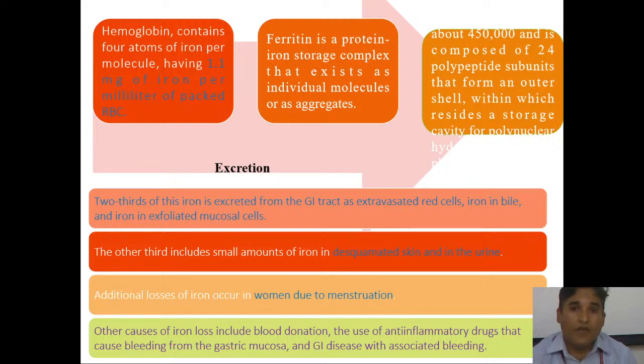When the plasma iron concentration is very poor, the production of ferritin is diminished. Otherwise, when the plasma iron concentration is sufficient, ferritin acts as a reservoir for iron in the GIT mucosa.